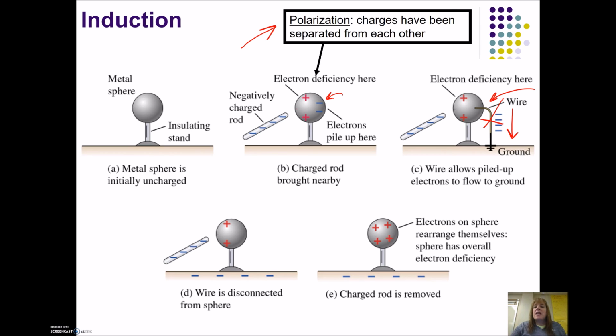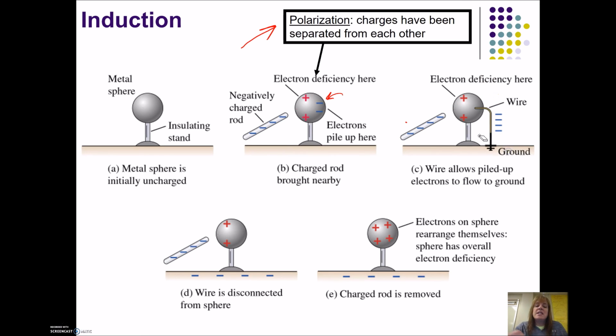Now, if I connected the grounding wire and then I took this away, what would happen is the electrons would just go back up there, right? Because when they're in the ground, they're still feeling a force of repulsion from the other electrons, so they're going to want to get to a positive charge. They'd be attracted to that charge. So if I removed the rod, the electrons would just go back, and then I wouldn't result in a charge.